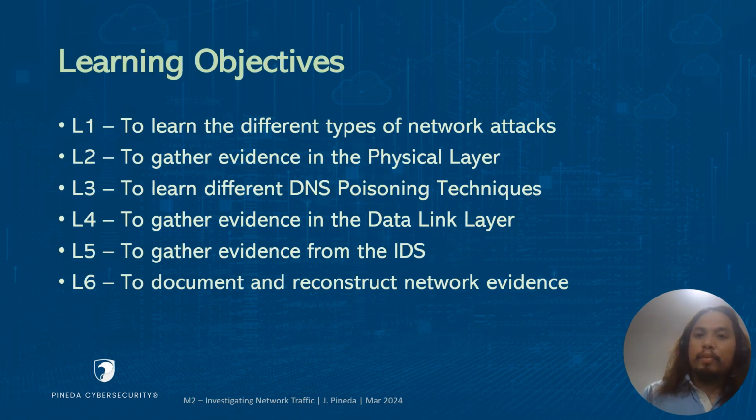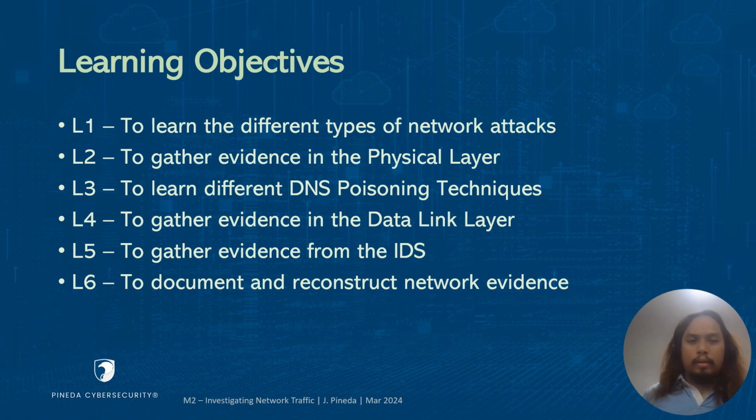Right, let's go. So, for the learning objectives, we have six. The first one would be to learn the different network attacks, which is an overlap of topics in cybersecurity and ethical hacking and networking courses.